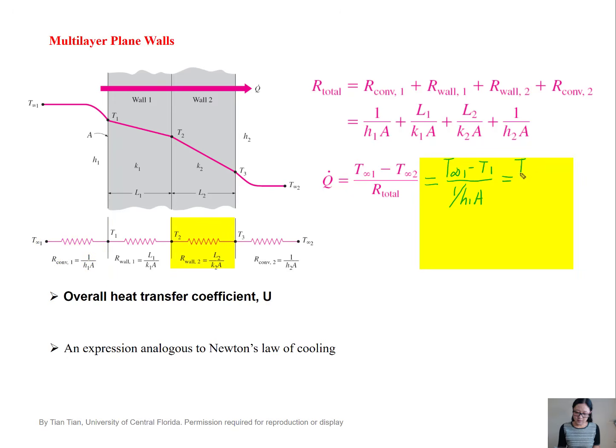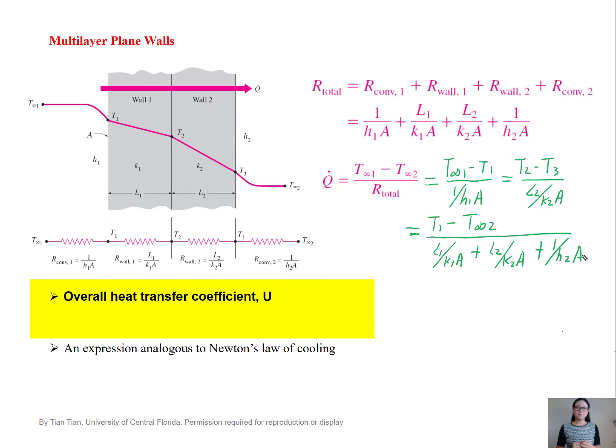Or T2 minus T3 over L2 over k2A. Or T1 minus T∞2 divided by the resistance in between, which is the summation of these three resistances.